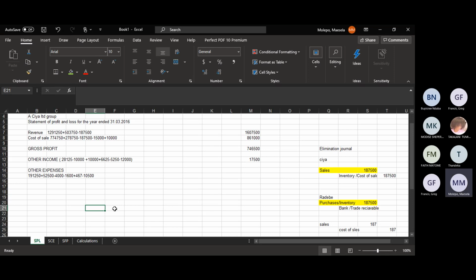I get the 228,117. I don't know about someone else. Do we get the 228,117? Yes. Okay, then we record the 228,117 as our expense. So these are the expenses.